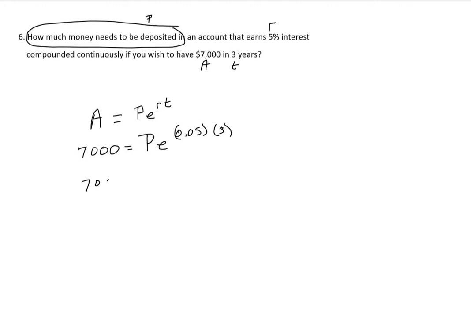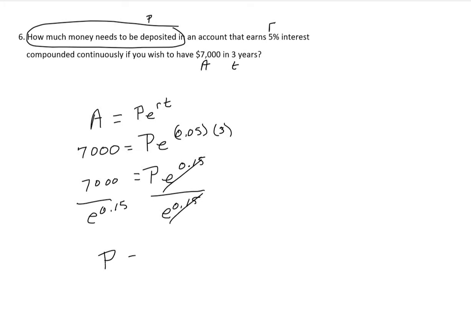So this is 7,000 equals P e to the 0.15th power. So this is just a number, a constant. Just treat it like you would any other constant. Divide both sides of the equation by that in order to get P by itself.